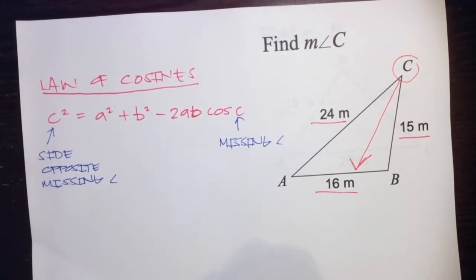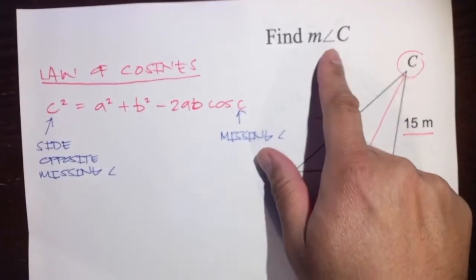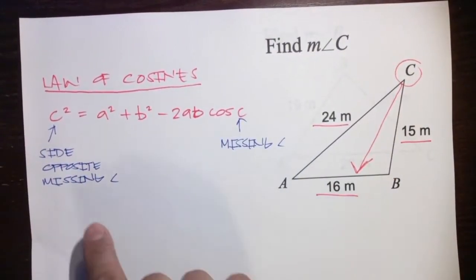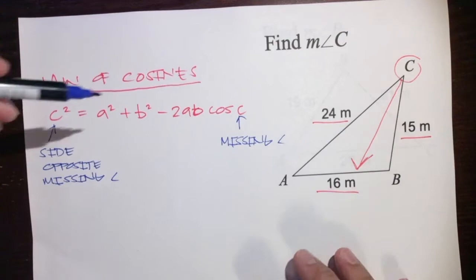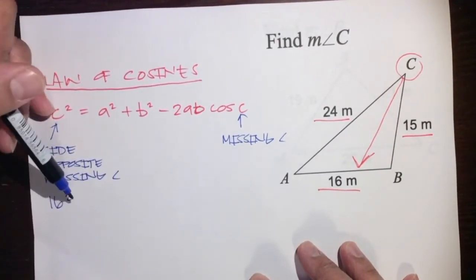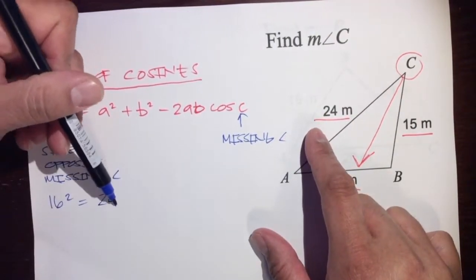All right, so let's do this. Let's find the measure of angle C. Let's figure out what the measure of this angle is. So the side that is opposite the missing angle is 16. So we're going to write 16 squared is equal to one of the given sides, which is 24 squared.